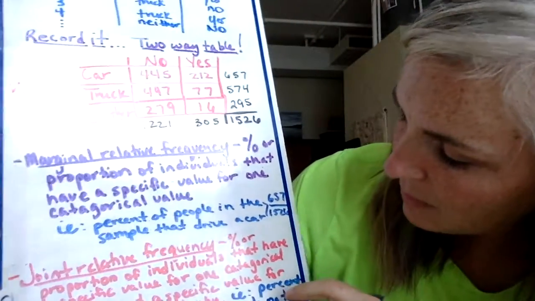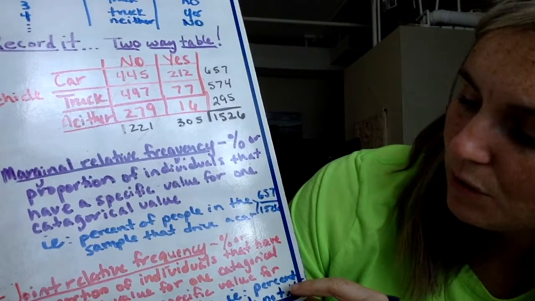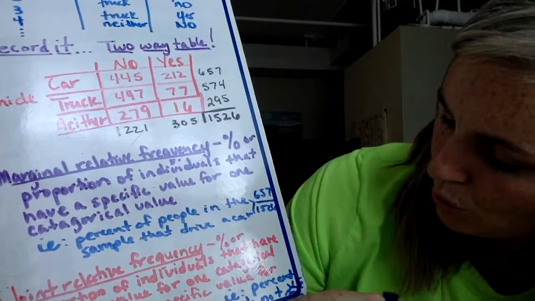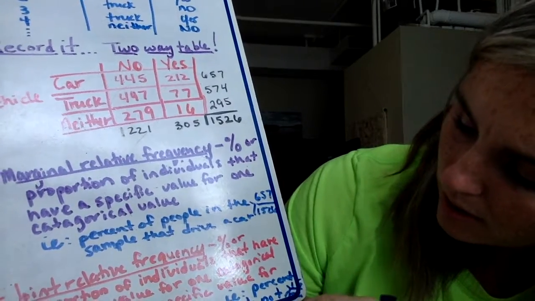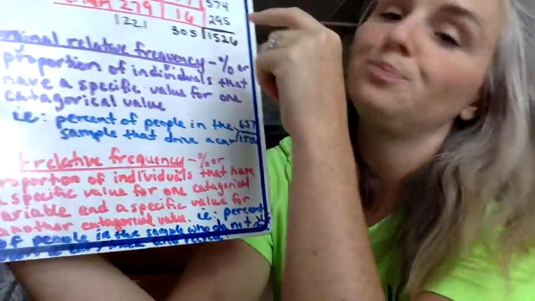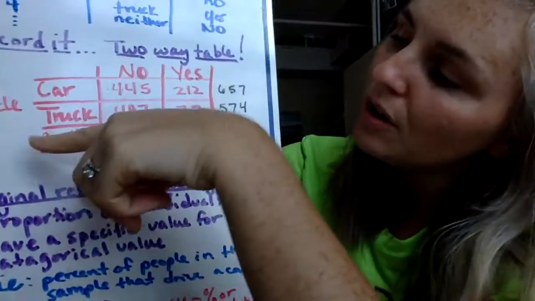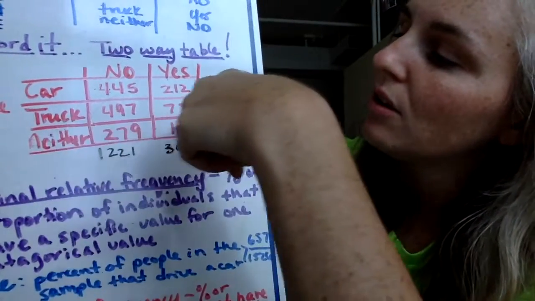An example of this would be the percent of people, or the proportion of people in the sample, who do not own a car or truck, but also recycle. I know that's kind of hard to read. So if I go to my table here, if I do not own a car or truck, that means I'm looking in the neither column.